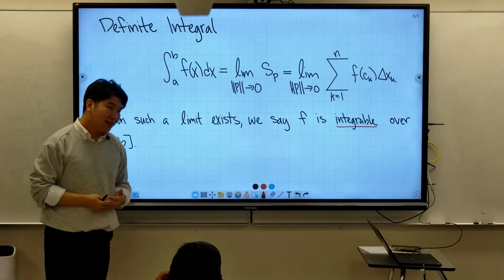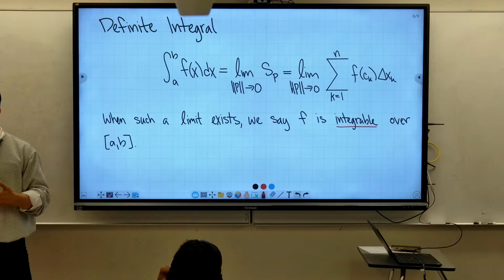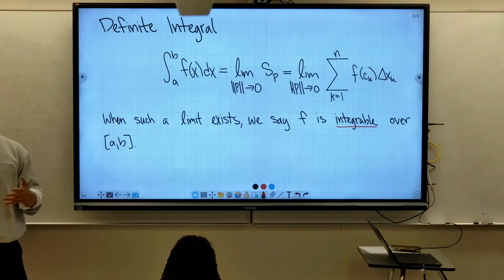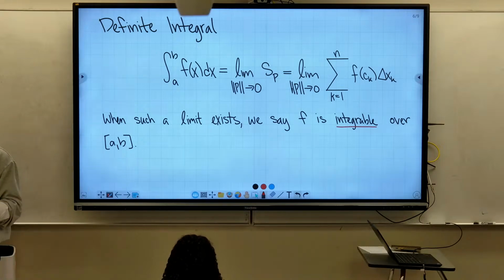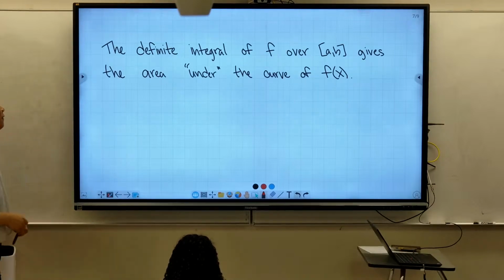So now we can finally talk about how the indefinite integral is different from the definite integral. Well, the indefinite integral was just the antiderivative. One way or another, we can word it a different way, but it was the antiderivative. Based off that picture that I gave y'all, the definite integral of a function gives me the area under the curve.